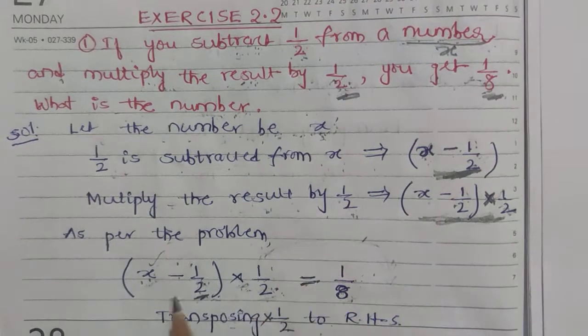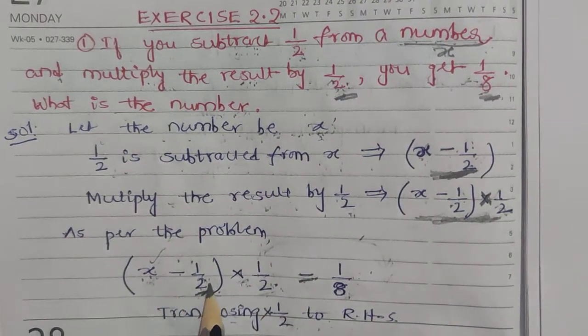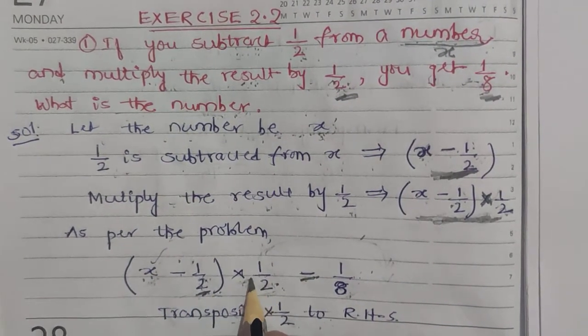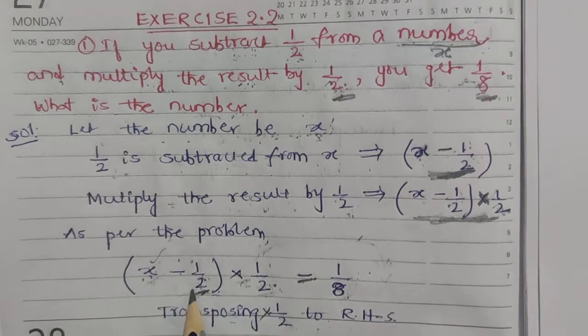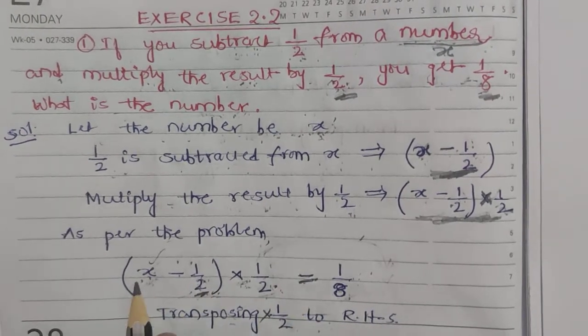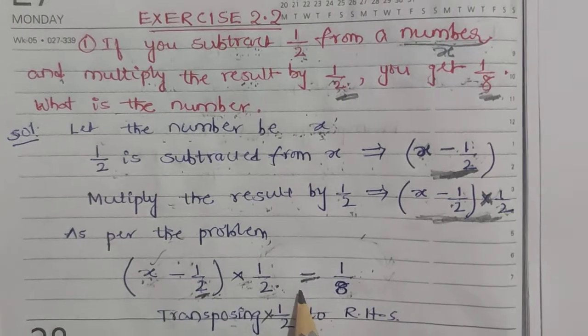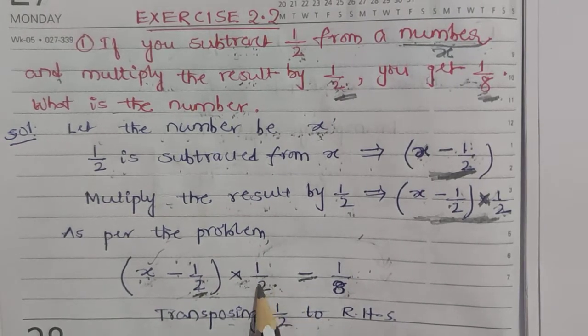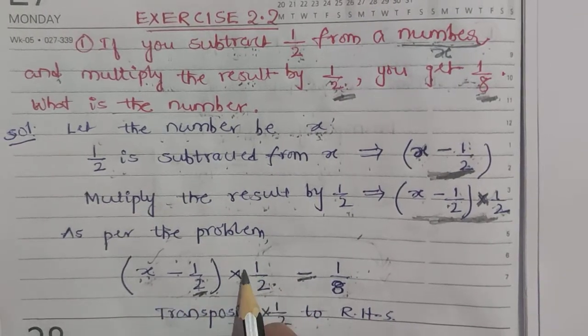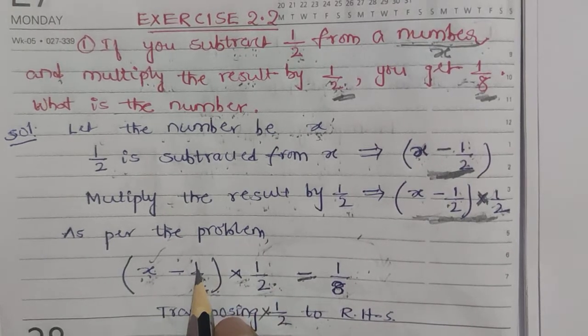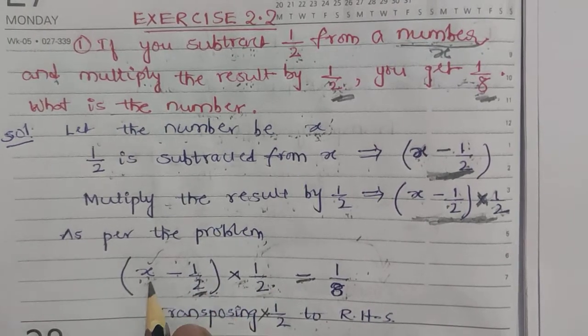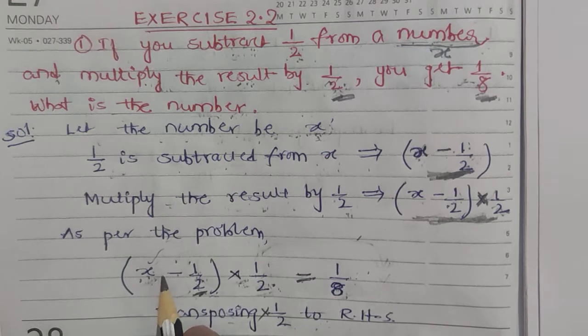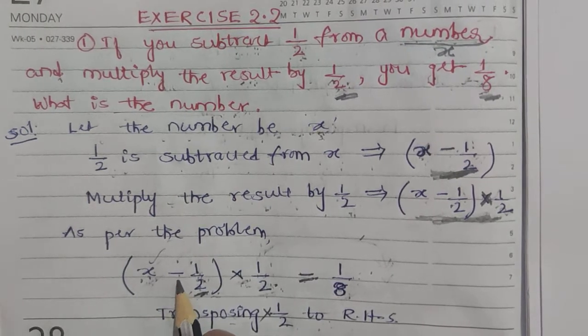Which is nearer to x, minus 1/2 or into 1/2? Directly we cannot attack x. So first we attack the number which is far away from x. Then we reach the number which is nearer, and then x will be alone.